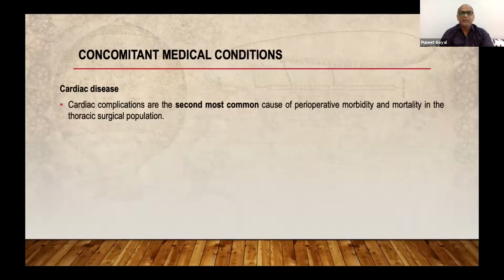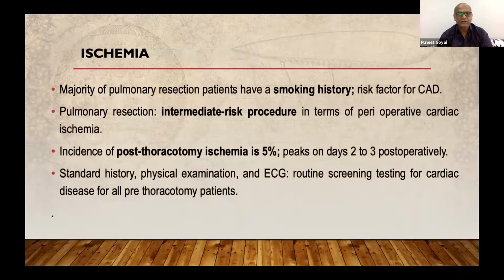Other concomitant medical conditions also have a profound effect on the perioperative management of these patients. Frequently, cardiac diseases are associated with these patients, and this is the second most common cause of perioperative morbidity and mortality in the thoracic surgical population after the pulmonary complications.